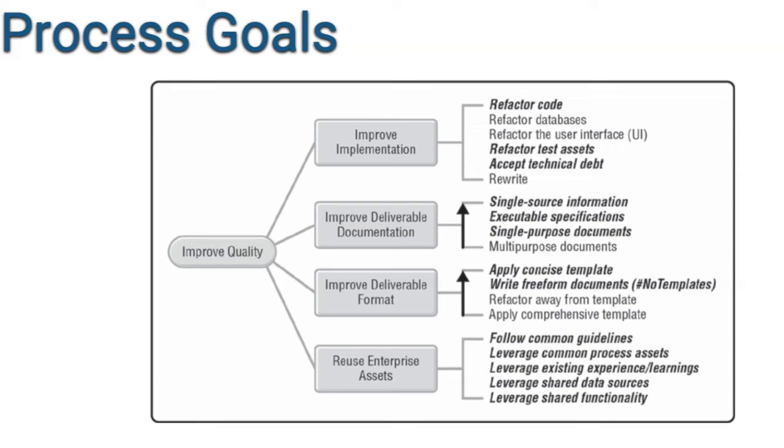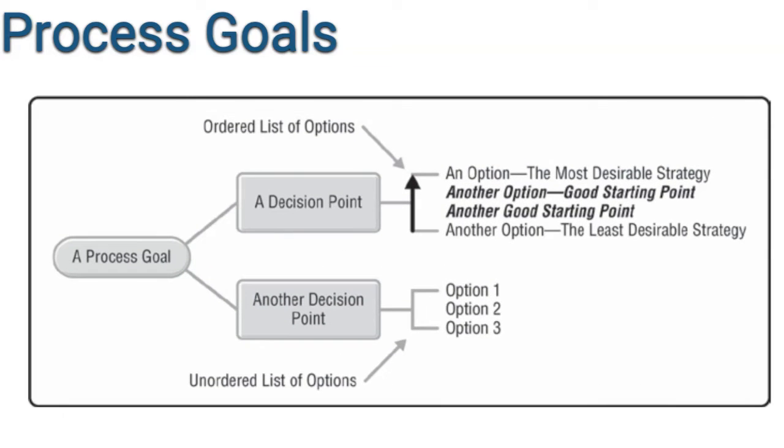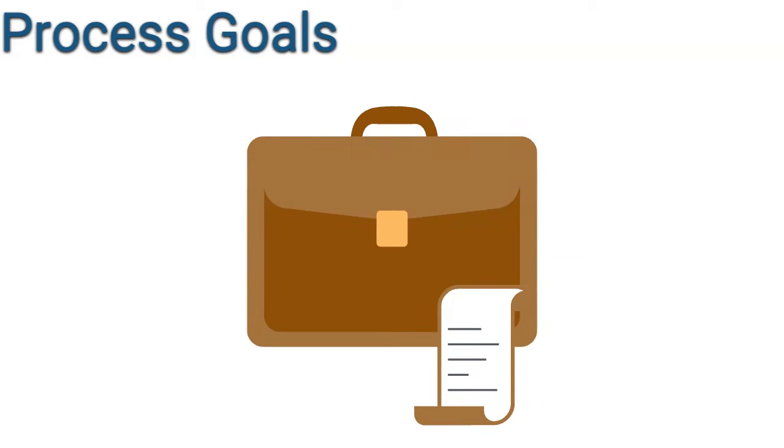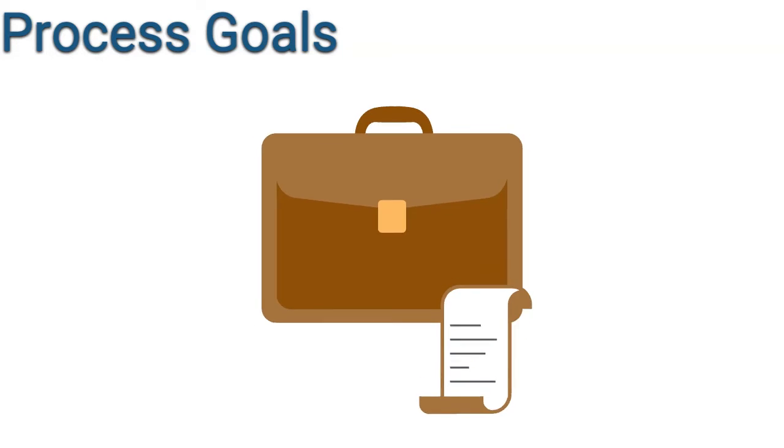Process goals. The figure on the screen presents the goal diagram for the Improve Quality process goal, which is described in detail in the Improve Quality lesson, and this figure overviews the notation of goal diagrams. Disciplined Agile delivery is described as a collection of 21 process goals, or process outcomes, if you like.